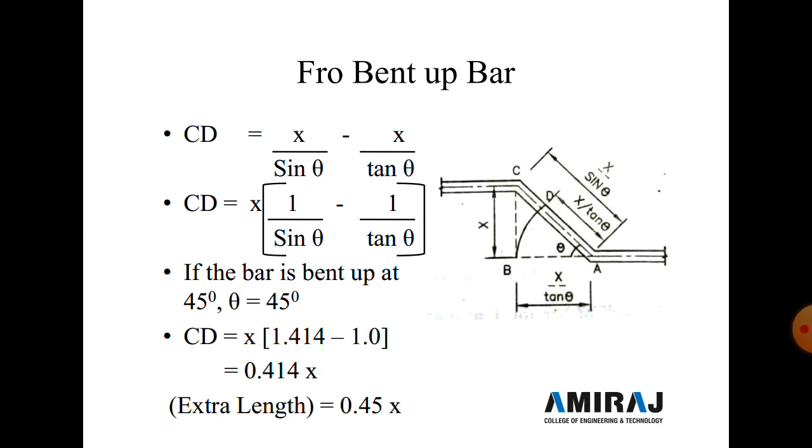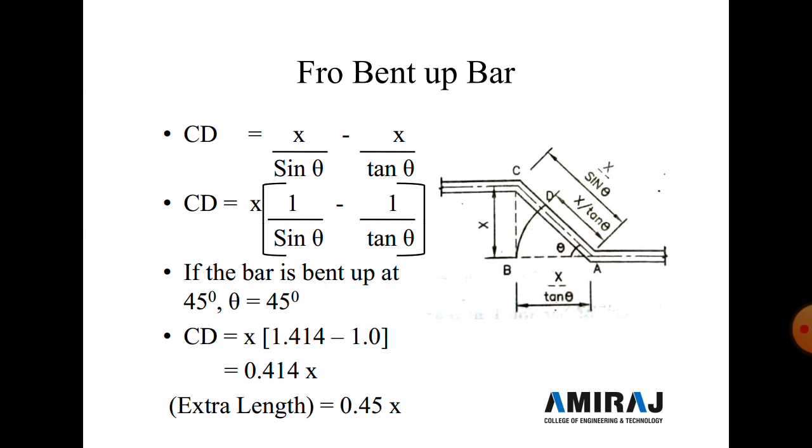Now for a bent-up bar, the extra length required is 0.45x. How do we get 0.45x? Here the CD part is the extra length of the bar. CD is equal to x divided by sine theta minus x divided by tan theta. Taking x common, we get x times the bracket of 1 divided by sine theta minus 1 divided by tan theta.